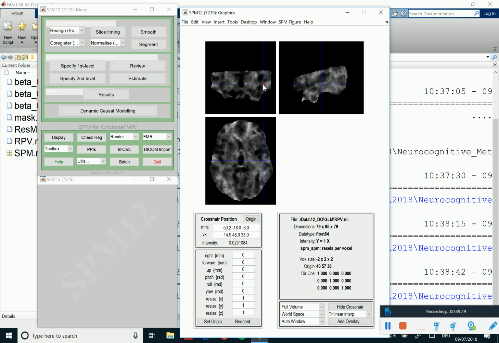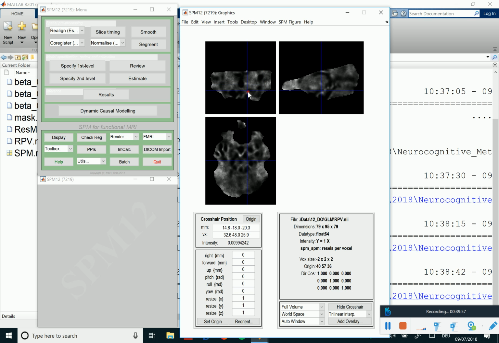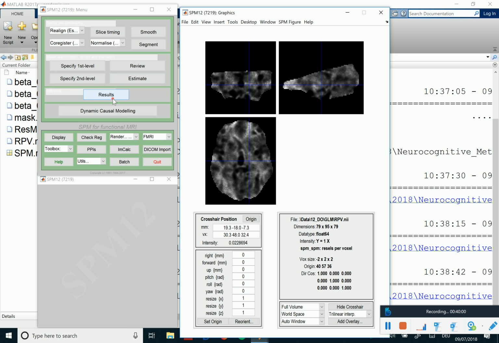I think RPV relates to the variance as well, but I'm not quite sure right now which one is which. One of them, wait, results per voxel. Maybe this. So these are the results. Wait a second, maybe it just says it on that.